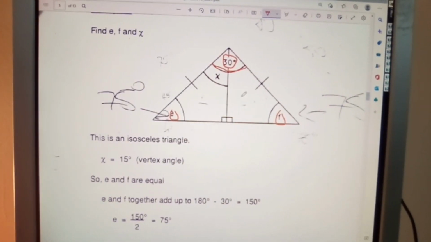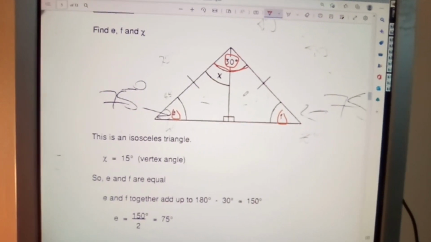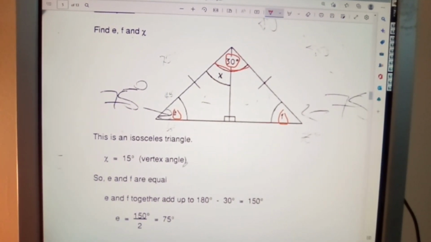This is the vertex angle created by an intersecting line. So E and F are equal.